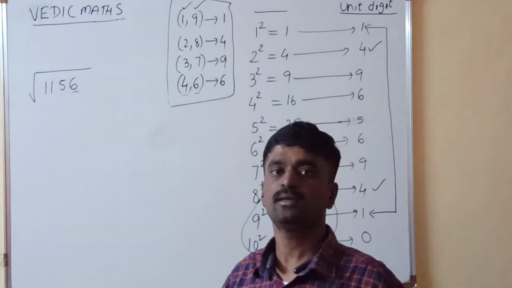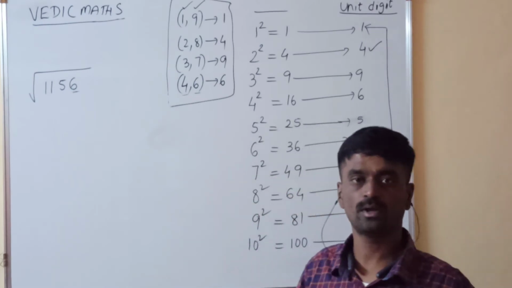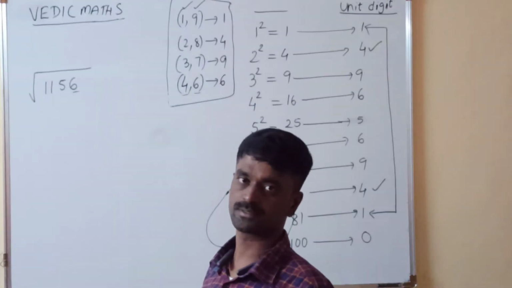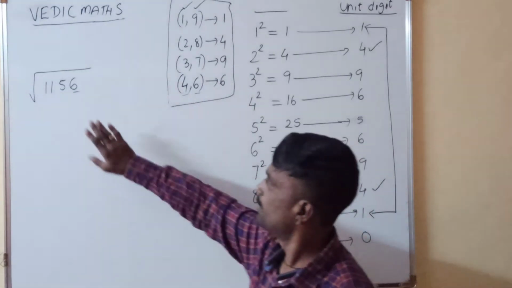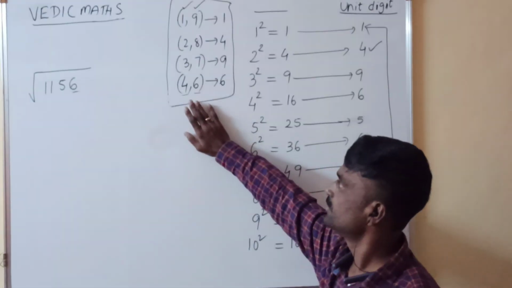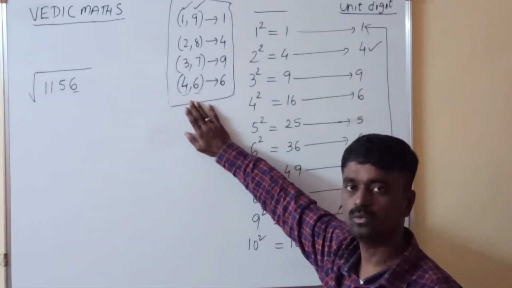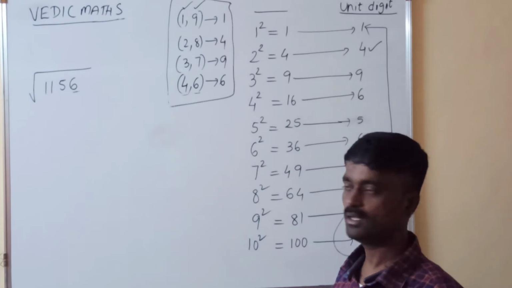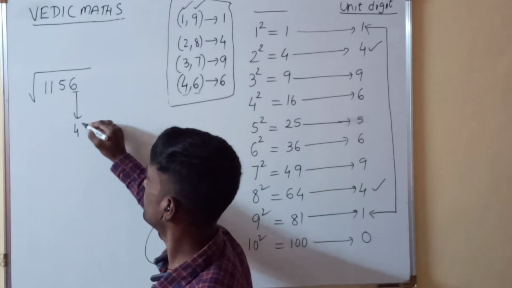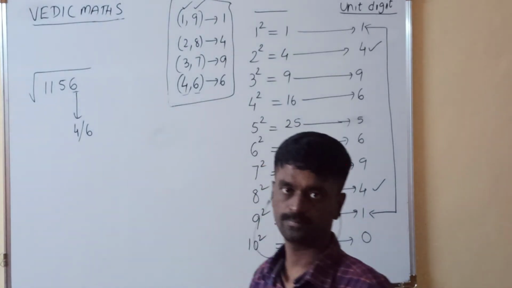Because if you take any number whose digit is either 4 or 6, in its square the last digit will be what? 6. So by looking at this number, as the last digit is 6, what are the choices we have? 4 or 6. So in the answer, the last digit should be either 4 or 6.